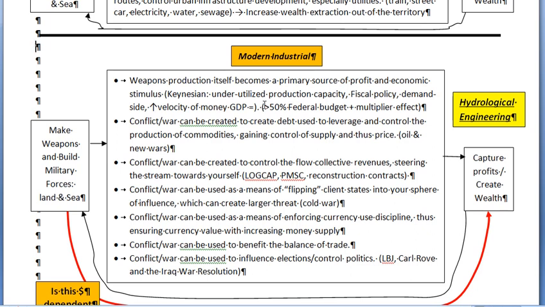You talk about it in the Keynesian sense. Whatever aspect of Keynesianism you want to talk about: underutilization of production capacity, use of fiscal policy, demand-side stimulus, increasing the velocity of money. The equation for GDP is real simple. It's simply the volume of money, the money supply, times the velocity of money, right?